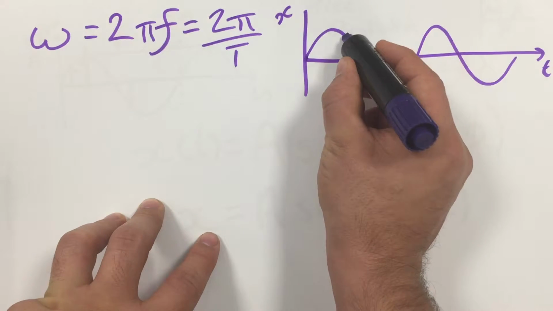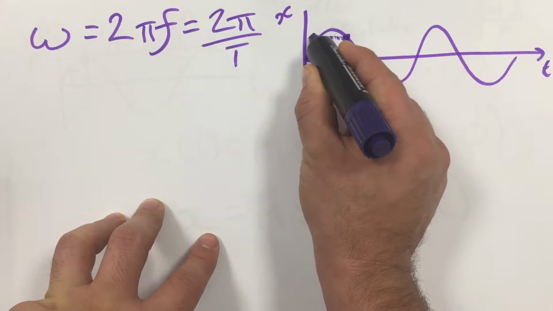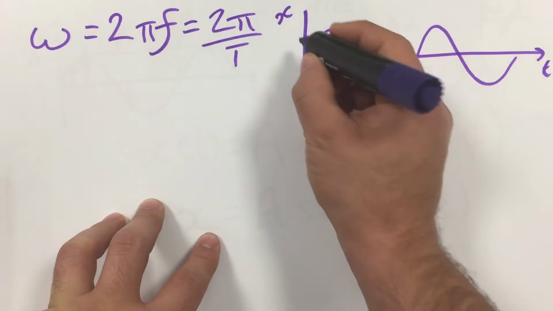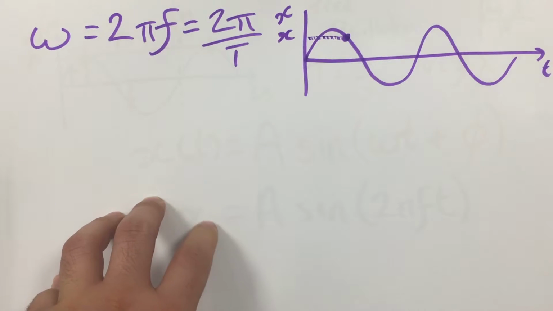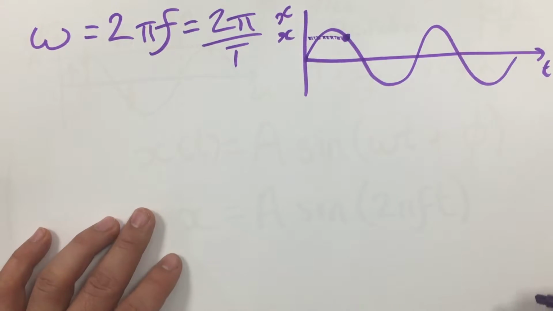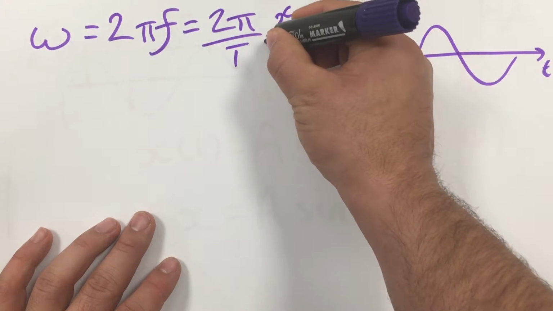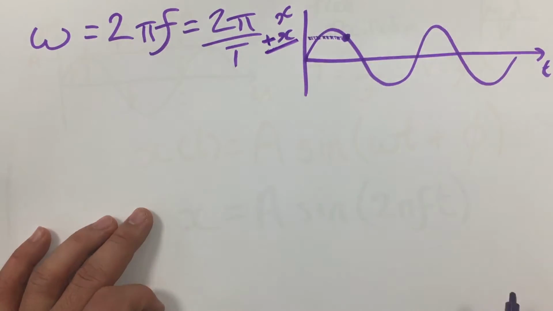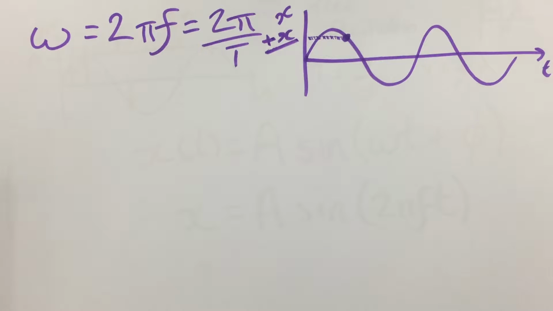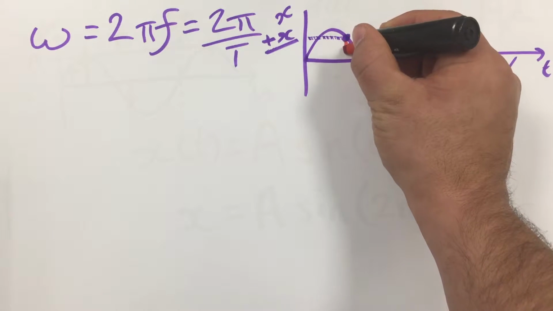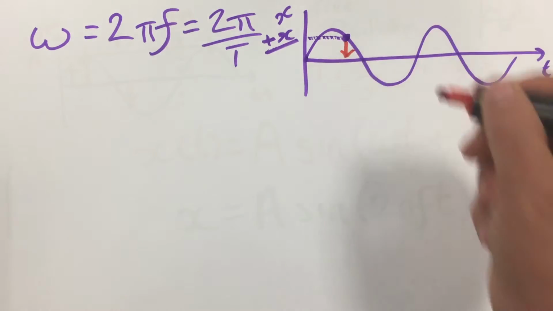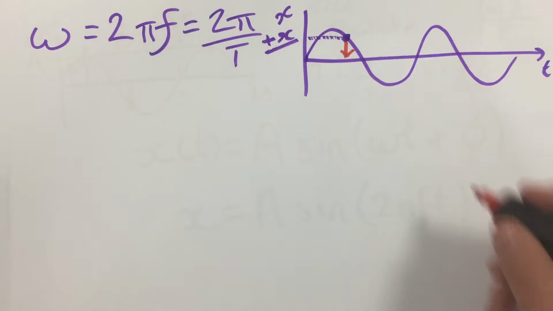Obviously at this point in time the particle has a displacement x of some certain value, and that displacement is positive. Now, because it's displaced from the equilibrium position, because the object is oscillating, there will be a restoring force acting back towards the equilibrium.